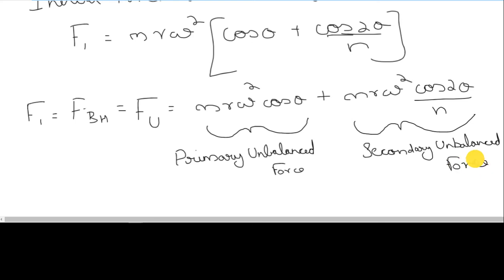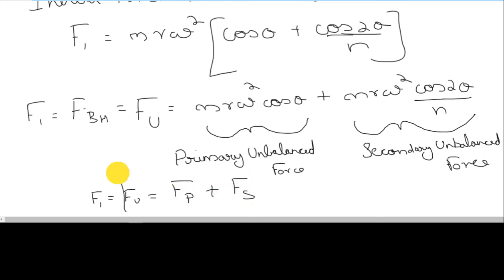So these are the two forces that we need to balance, and the total unbalanced force will be equal to Fi or Fu. We can call the primary unbalanced force Fp, P for primary, and the secondary unbalanced force Fs.